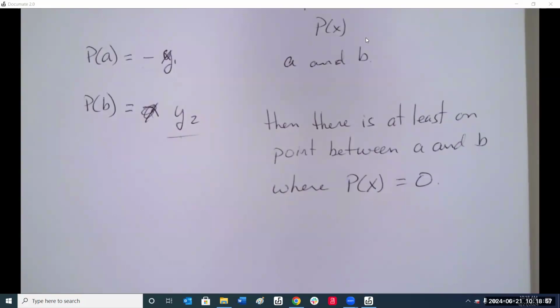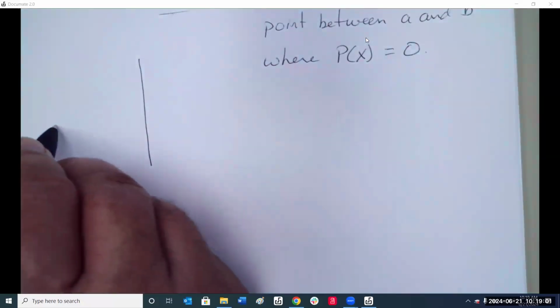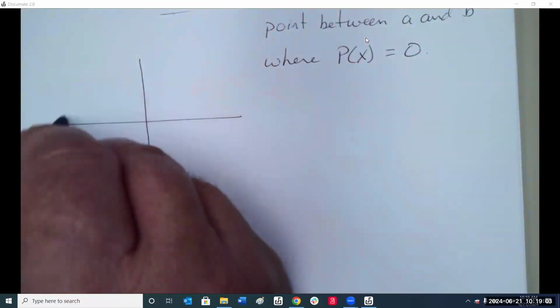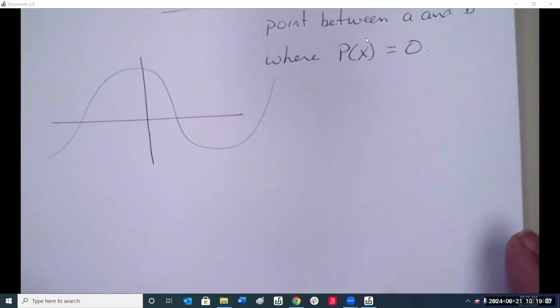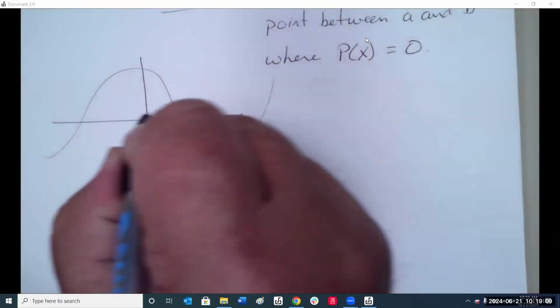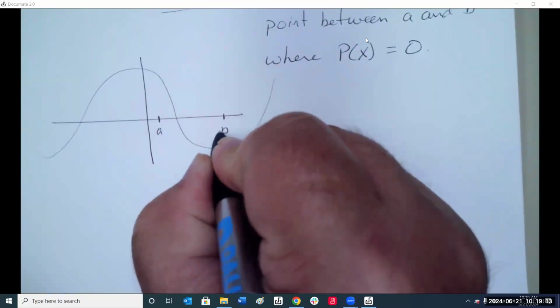A picture is worth 1,000 words, so let's look at a picture. What that says is I have some polynomial that's continuous. And I have my A and B here.